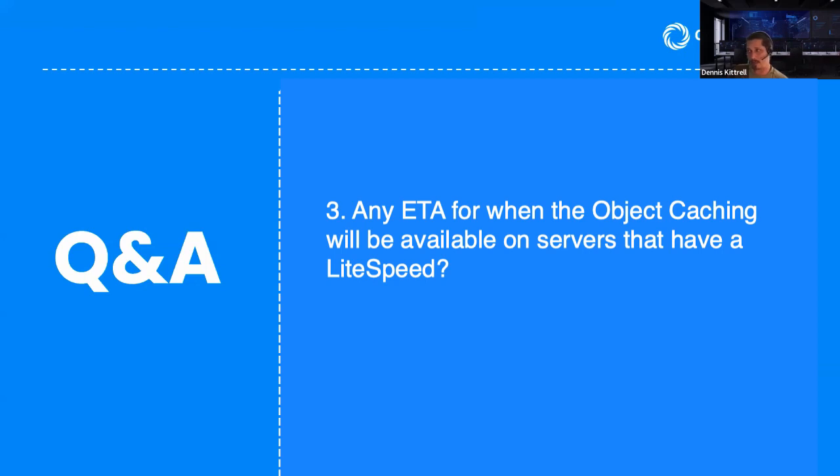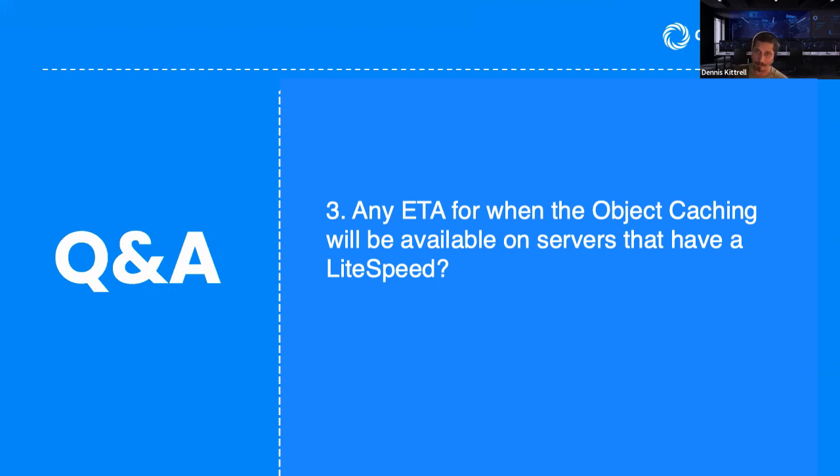Yes, so we are working on the object caching with Lite Speed, and currently the challenge is within the user interface. So it actually does work. It's just about enabling it in the user interface. That needs to be built. So we know that that's a highly requested feature.